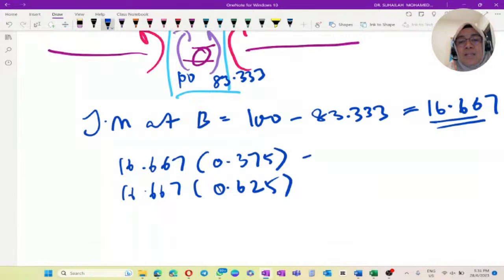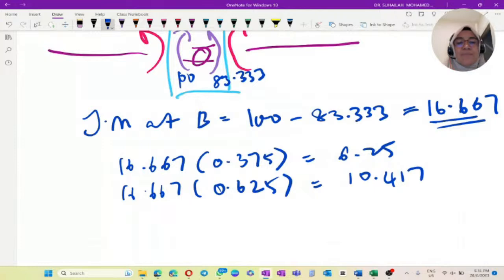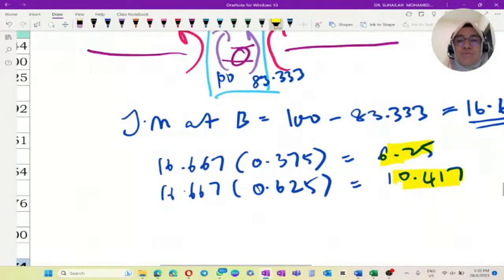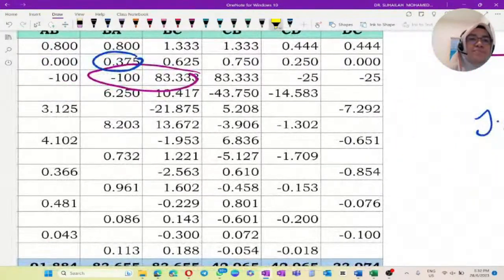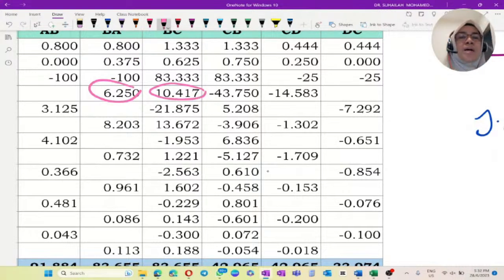So this is what happens in the table. 16.667 times 0.375, we get 6.25, and 16.667 times 0.625, we get 10.417. So the values in the table are 6.25 and 10.417.